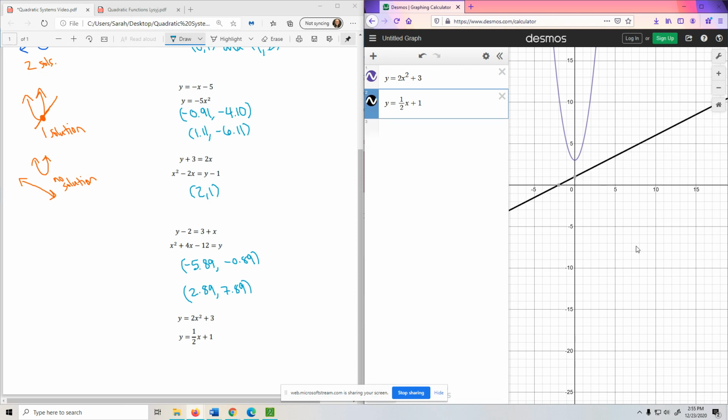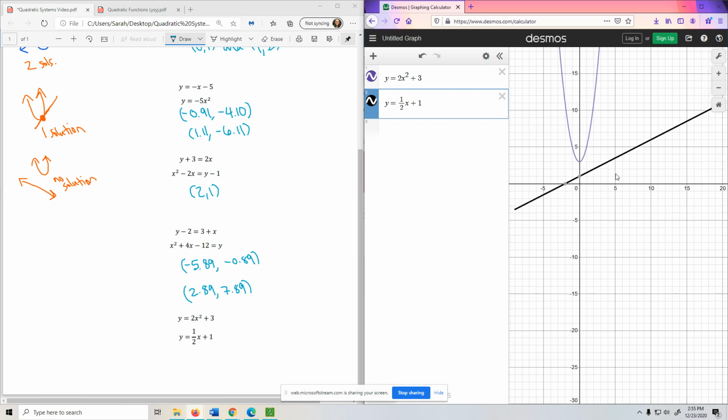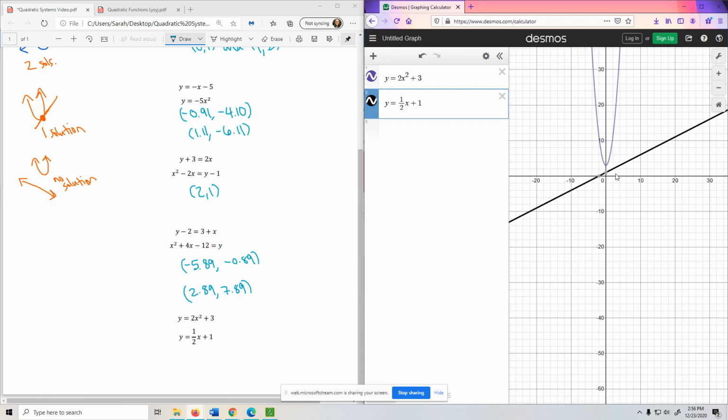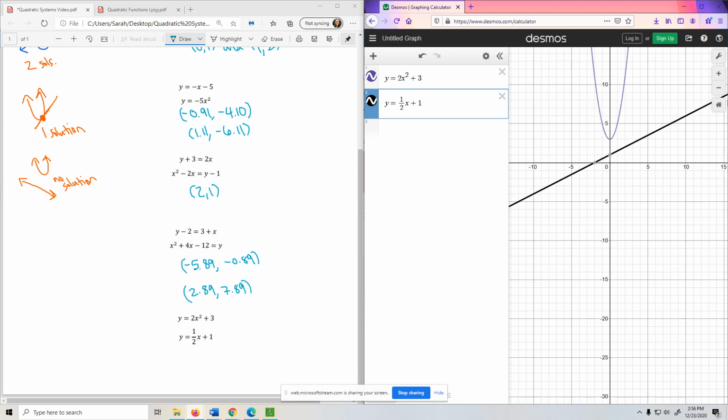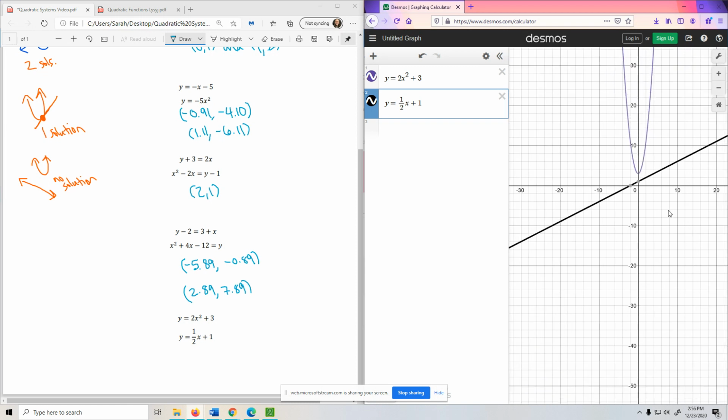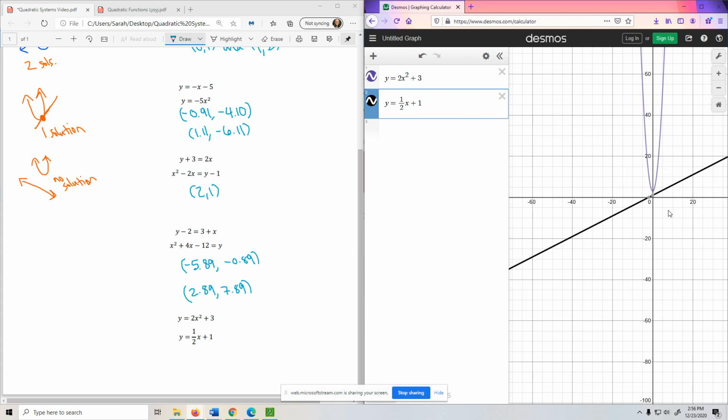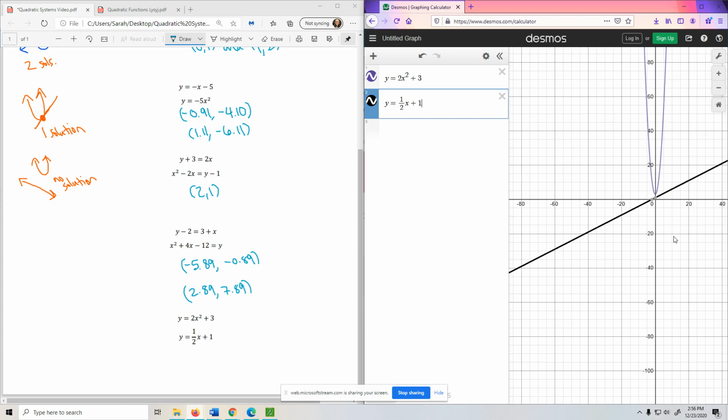So we have a purple parabola and we have a black line. Those graphs are never going to cross. And you can zoom in or out as far as you want to. It might look a little misleading if you zoom out too much, but those graphs are never going to cross or intersect. So since those graphs will never cross or intersect, we call that one no solution.